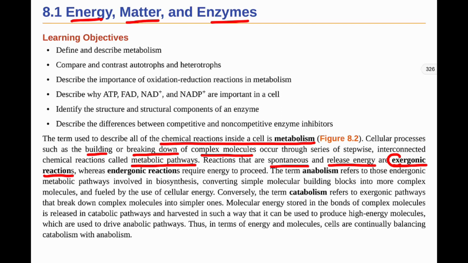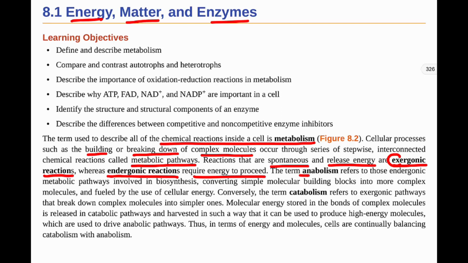Not exterior as in outside of the organism, but exterior in my mind meaning outside of that reaction. Whereas a reaction that requires energy, so needs energy to be put into it in order for it to happen, is called an endergonic reaction. So exergonic means it releases energy, and endergonic means that it requires energy.